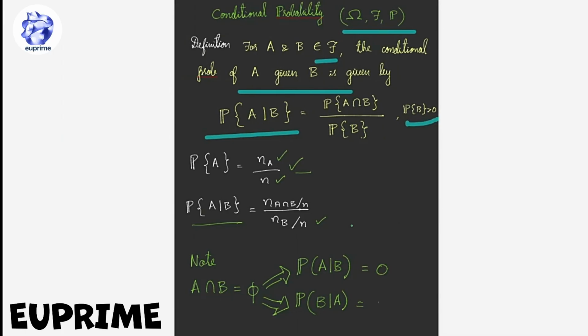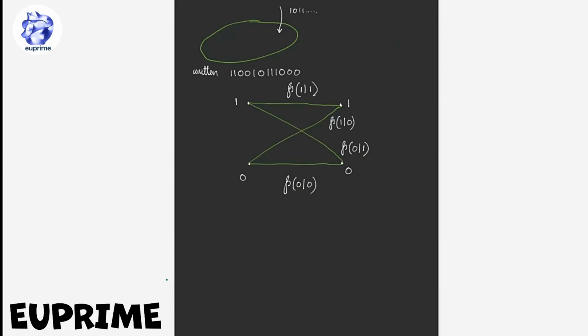Why is that? You look at the formula, right? There is no intersection between the two. If they're not intersecting, then the numerator of that formula is 0. Then obviously this whole thing becomes 0, right? Got the idea, right? So the thing to note here is that if the intersection of A and B is a null set, then the conditional probability is 0.